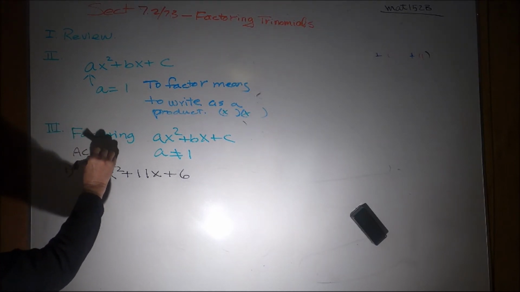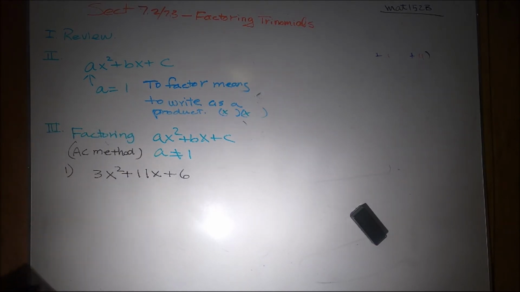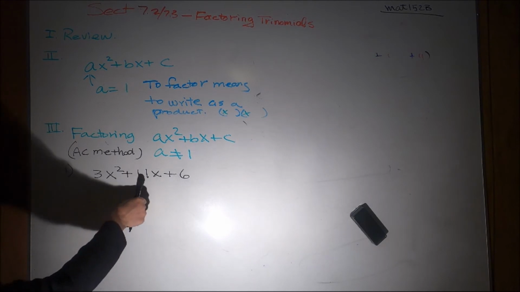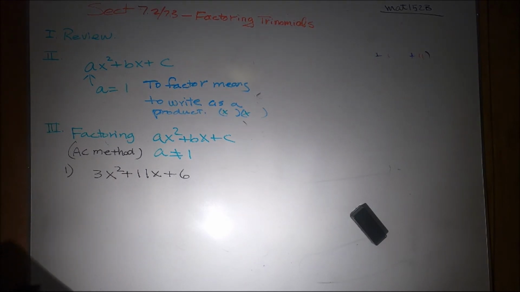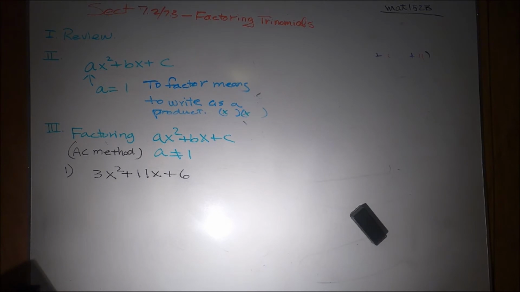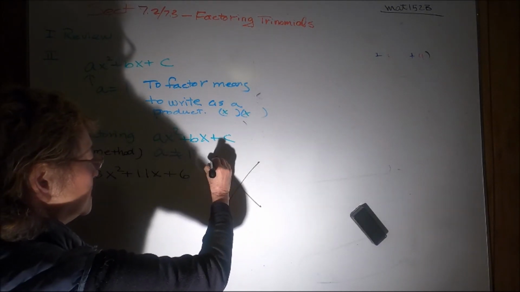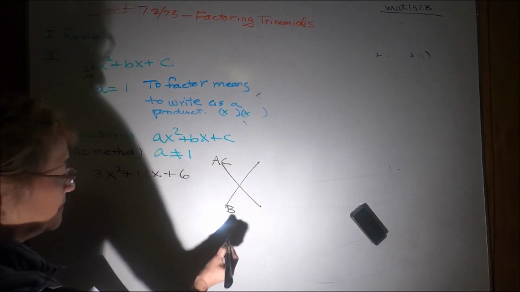AC means what? A times C. Added together still B. When leading coefficient is not 1, we need to do more processing to get there. At least you need to see a few examples. So we call it either AC method or diamond method.